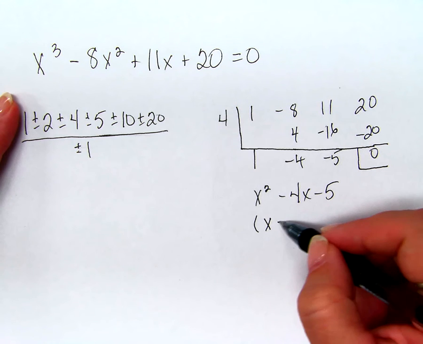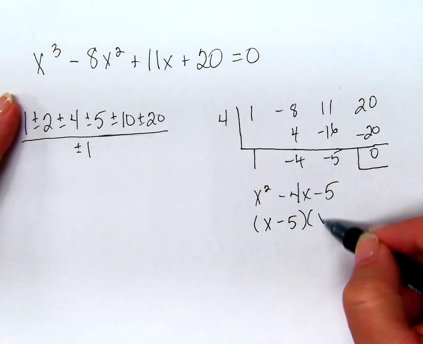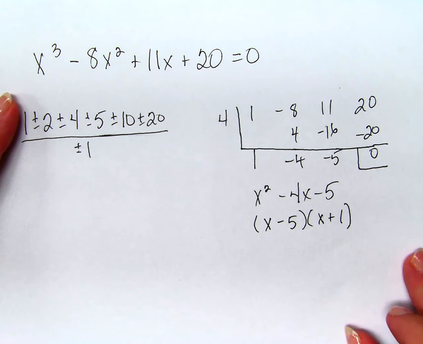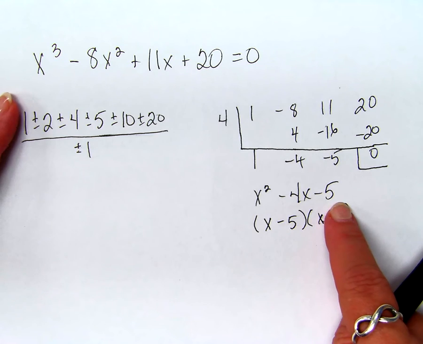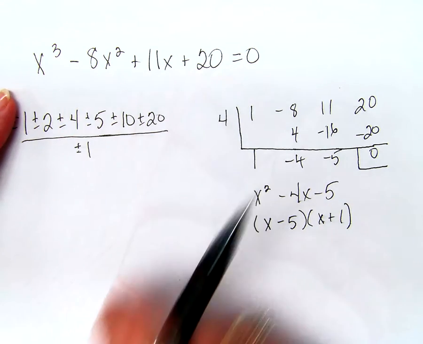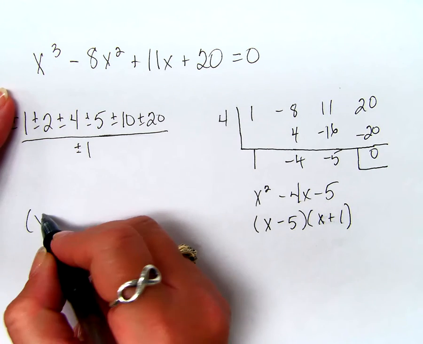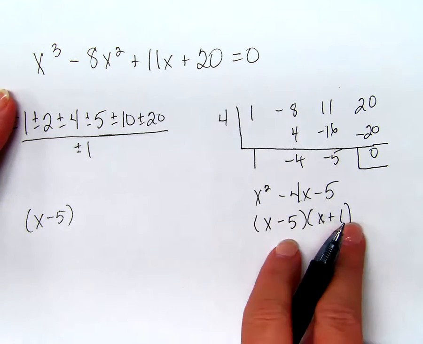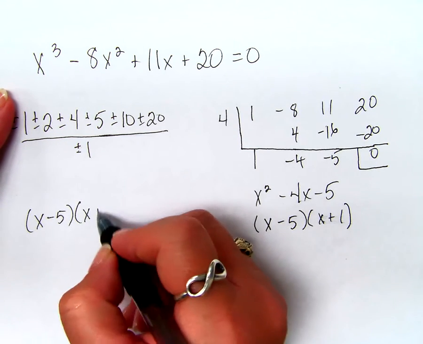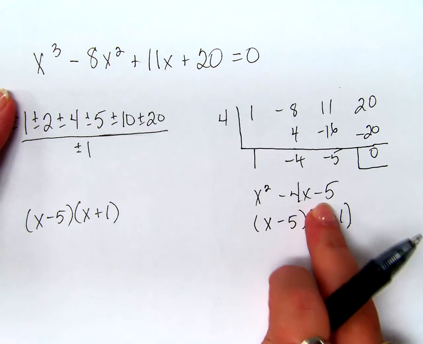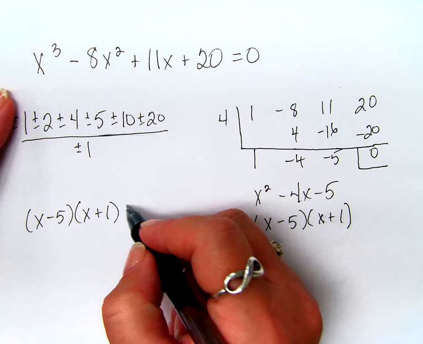And then I'm like, uh-huh. So those are the factors of that. So when we go to write all of our factors of our original problem, we have those 2 that we just found from factoring our trinomial, plus we have the one that we know worked from the beginning.